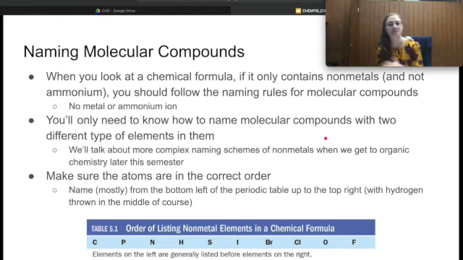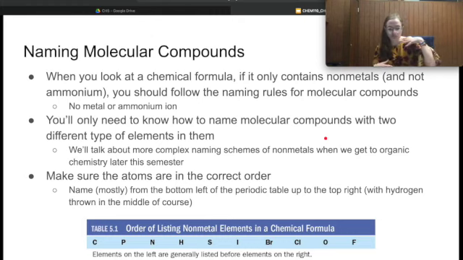elements in them. So really, more than anything here, the big preview is you just have to make sure your atoms are in the correct order. Most of the time, you can go from the bottom left of the periodic table to the upper right-hand corner, and that's going to be the order of the nonmetals. There's a specific reason that this happens, and we will talk about it a little bit later.